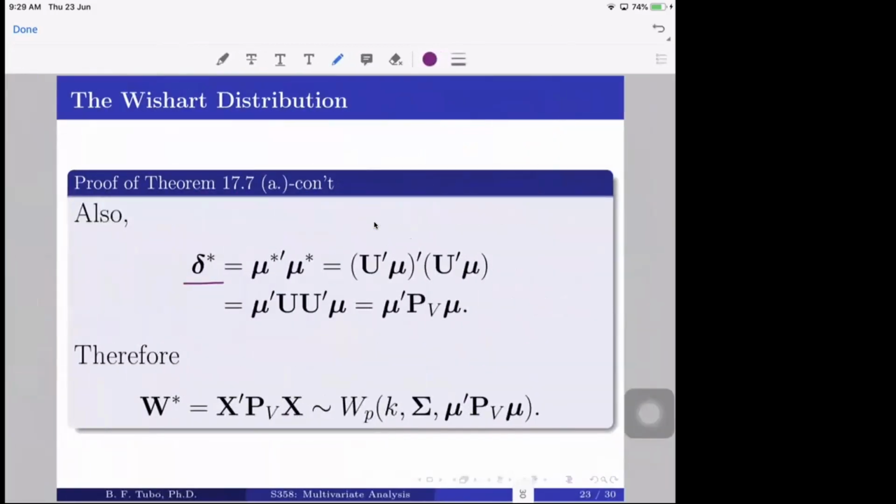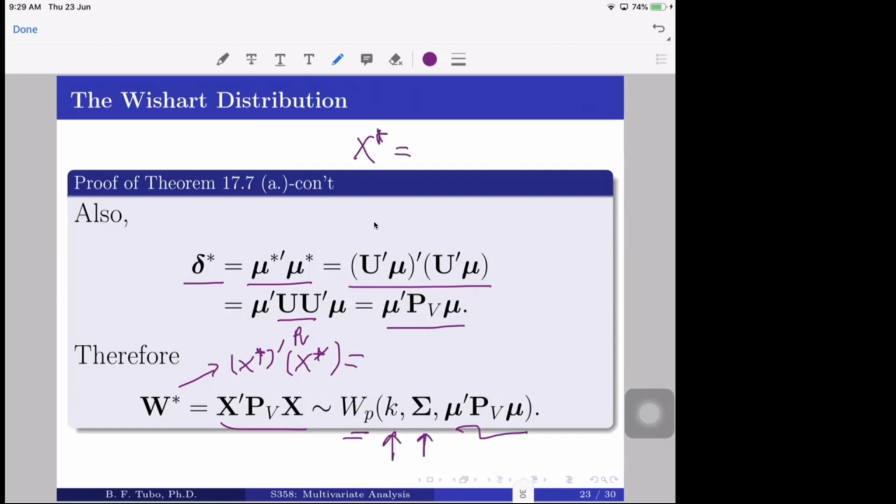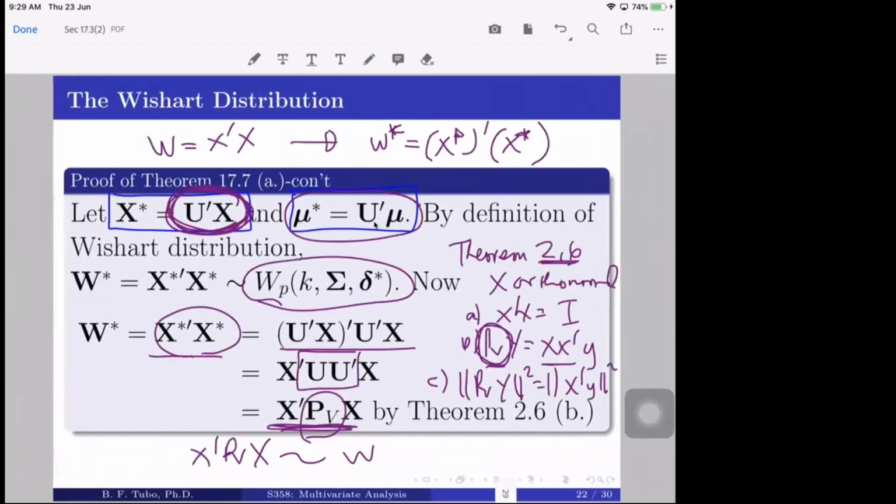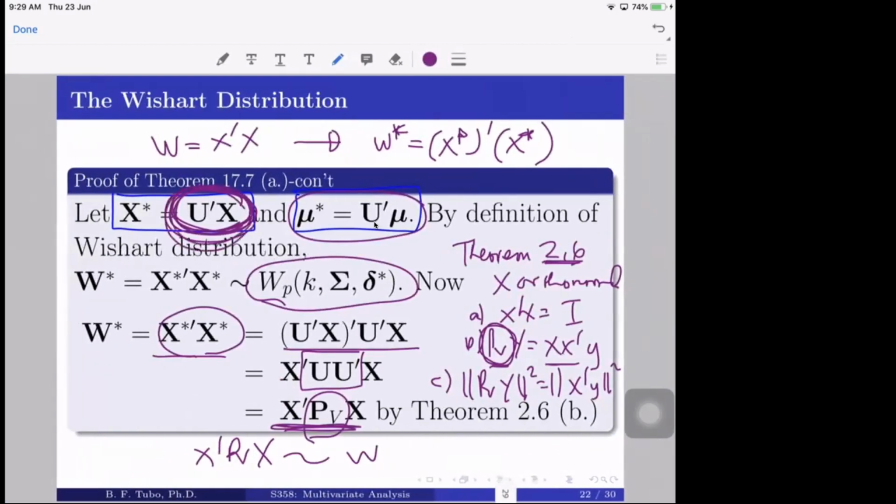So this is delta star, mu star prime mu star, which is equal to this, but this is your PB. So the final answer for your W star, which is X star prime X star, which is X prime PB X, is Wishart, degrees of freedom K, sigma, and this is your delta. So your X star was U prime X. Okay, this is your X star, mu prime X.